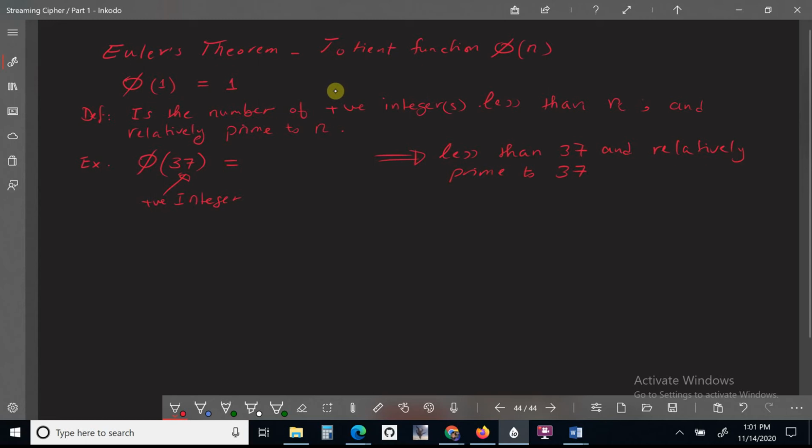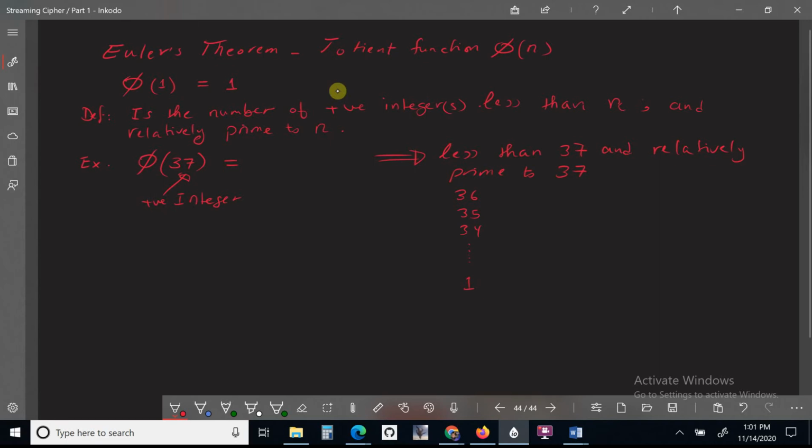We can't start with 37, it has to be less than 37. So we begin with 36, then 35, then 34, and we will continue all the way to 1.